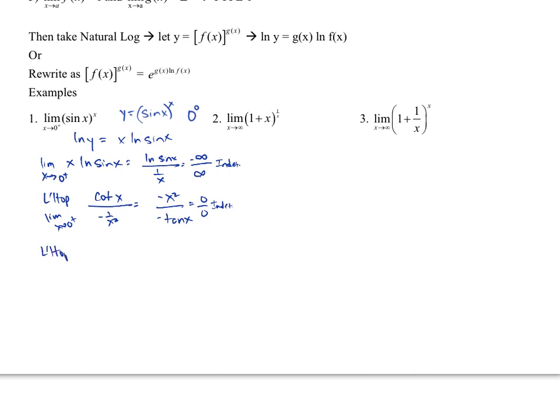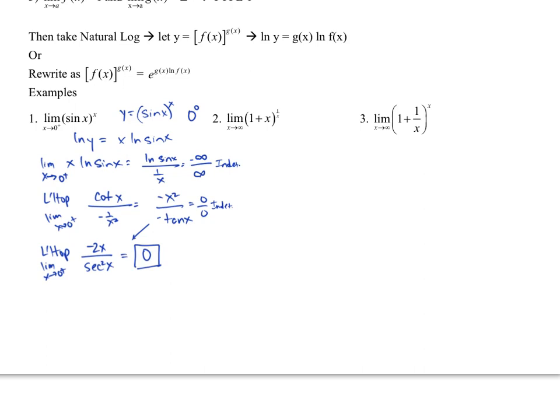So we'll L'Hopital the second time, and this time I'll get negative 2x on the top. So I took the derivative of the top there, and the bottom I'll get secant squared x. And when I take the limit as x goes to 0 from the right, this will end up being a very small number over infinity, so this is going to give me 0 in this case.